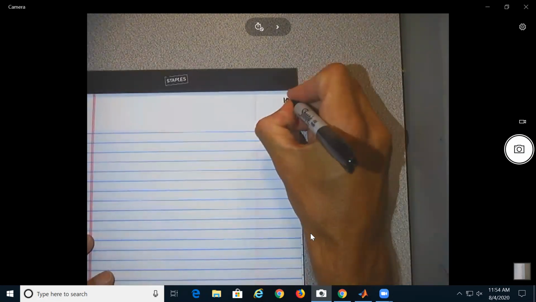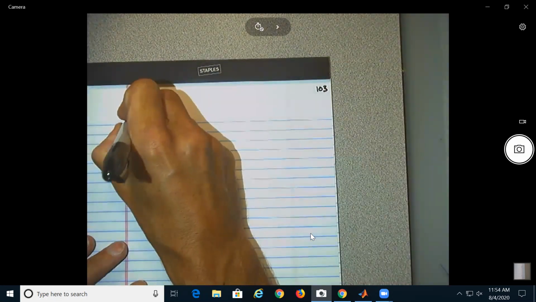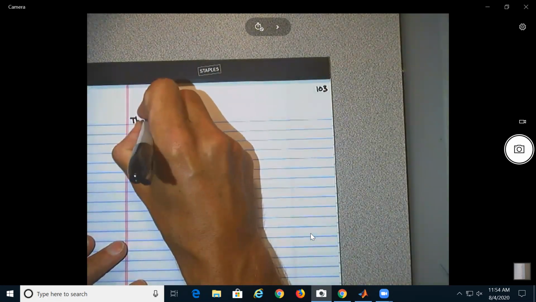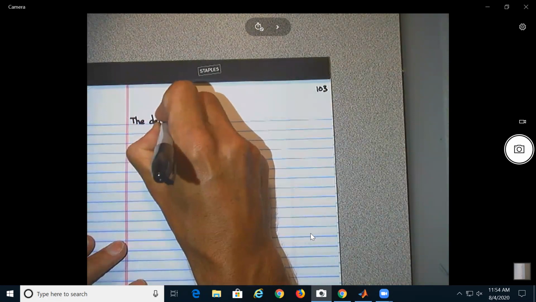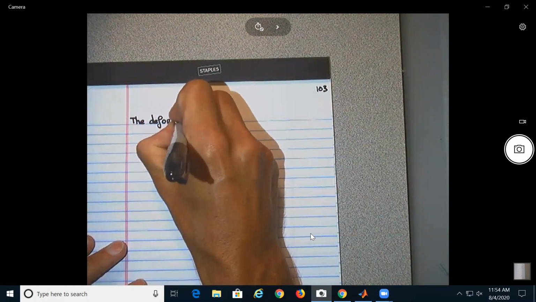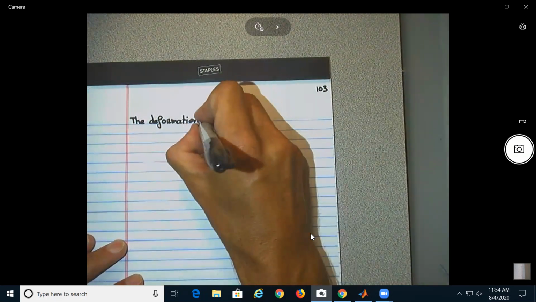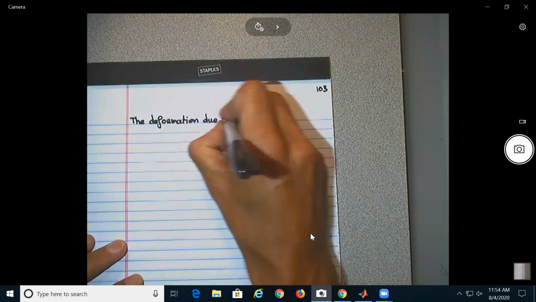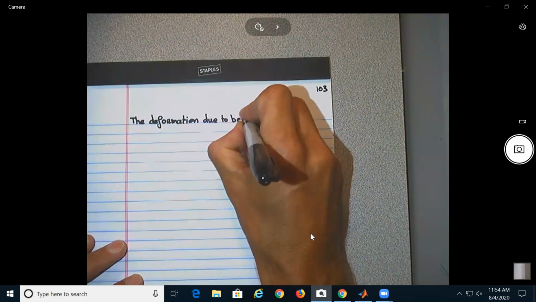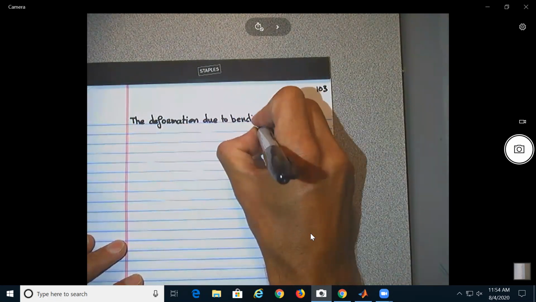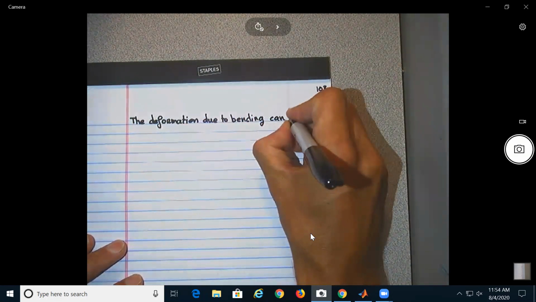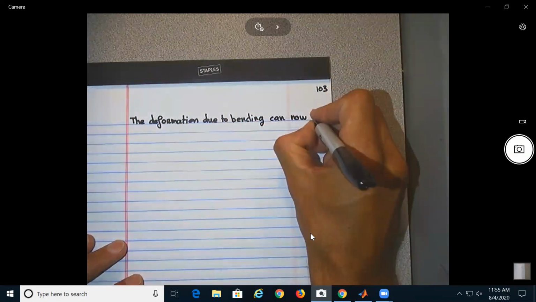The other one should be very small compared to this one. Let's do 103. So let's say the deformation due to bending can now be determined.